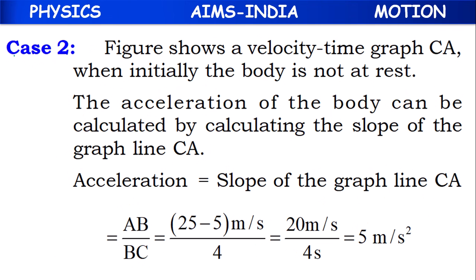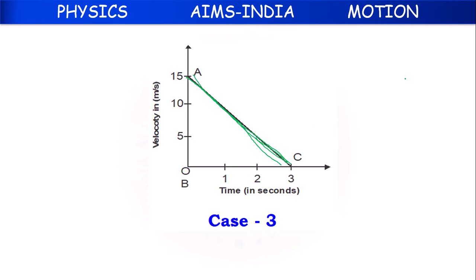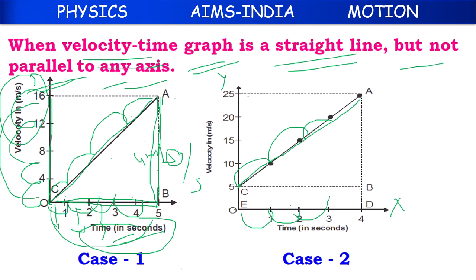So in case 2, the velocity time graph CA is a straight line, but it is not initially at rest. So it is at some other point. So AC is the velocity time graph. How to calculate its acceleration?